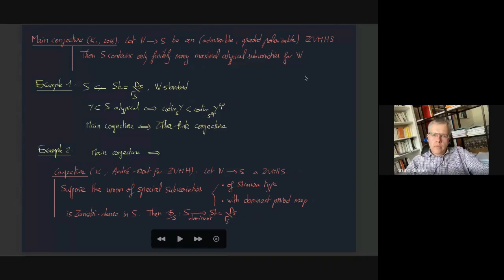A few years ago, I made a conjecture, which is a generalization of the well-known Zilber-Pink conjecture for Shimura varieties.